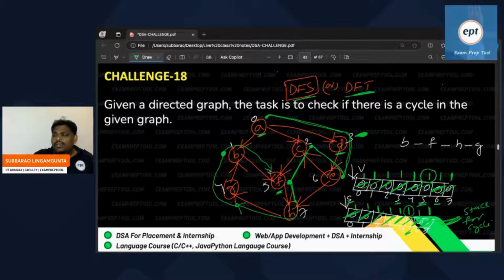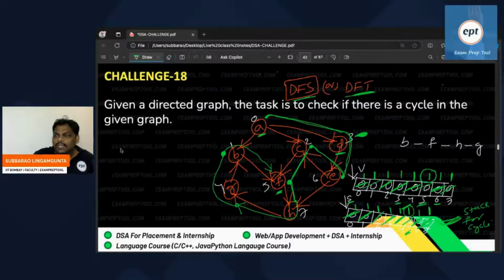If he is not there presently in the stack, there is no cycle. He should be there in the stack. See, he is there in the stack also. You are visiting again and he is present in the stack also. That is the indication of cycle.